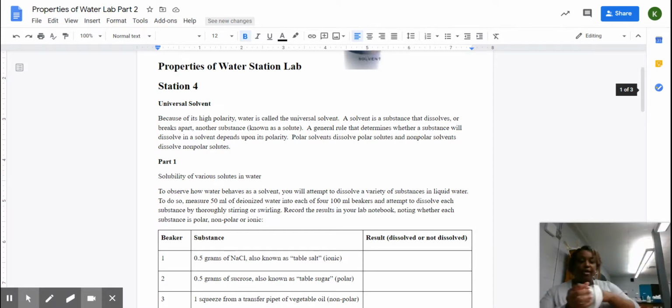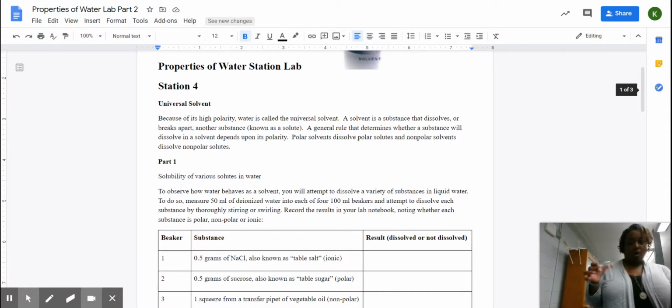So I'm just going to dry this beaker off, because I didn't want to dirty up too many beakers at the same time, since I didn't have to wash them. So we're going to dry this one off and get it all clean. And I'm going to put some more water in here so we can move to the substance for beaker 2.